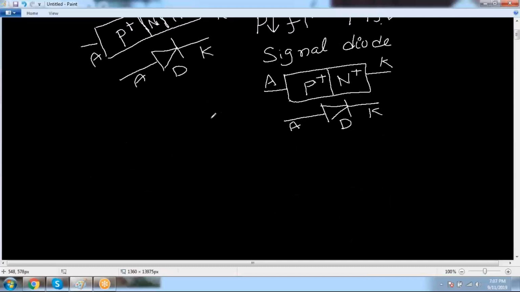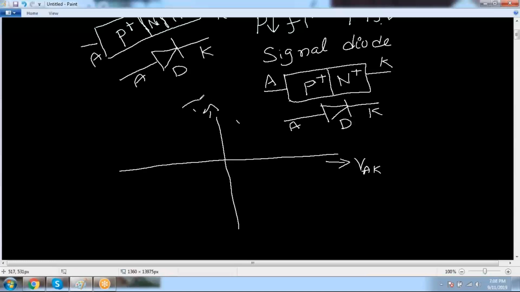So I'm expecting minimum basics from my students. You know the VI characteristics of a diode, right? Here this is VAK, that is, the anode to cathode voltage, and this is the anode current IA. This is minus VAK, and this is minus IA.